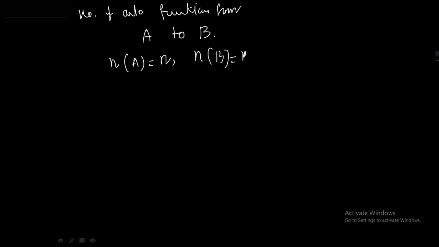So the number of onto functions is equal to 0 if r is less than n.